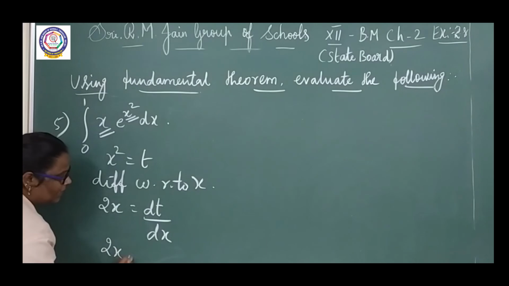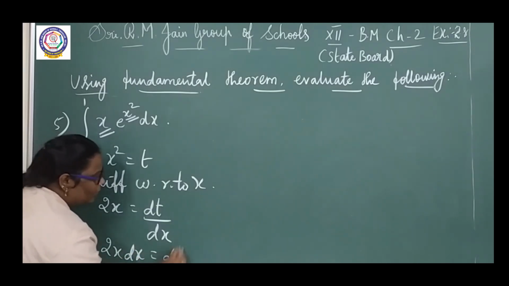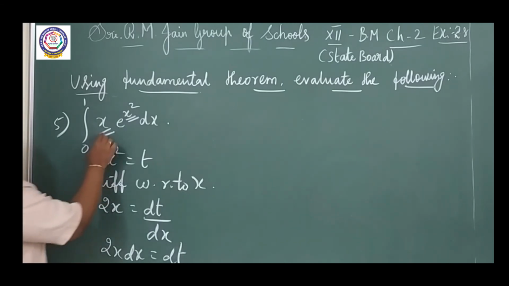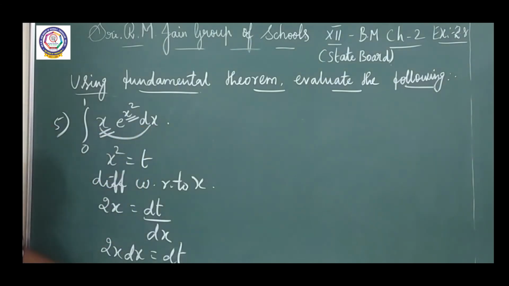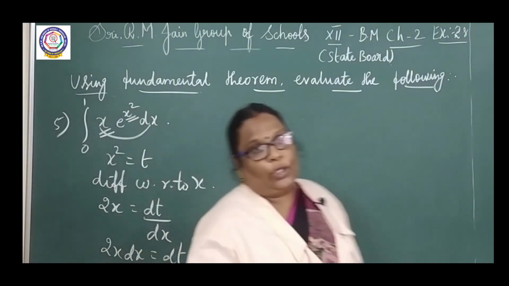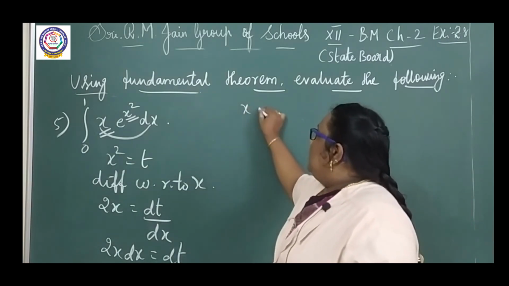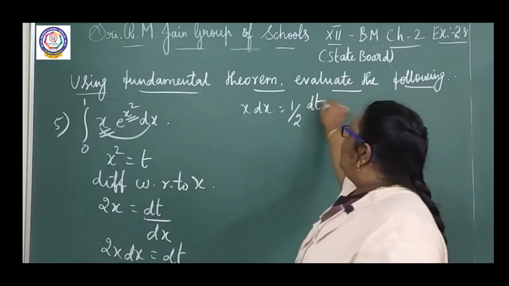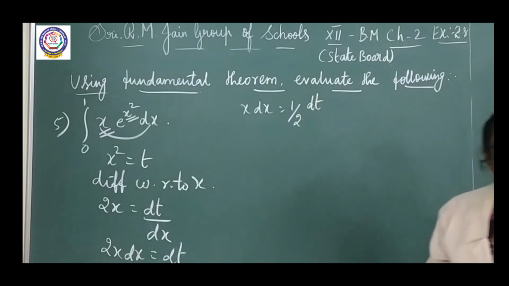So, 2x into dx equal to dt. But in the sum x dx is there. So, x dx equal to 1 by 2 into dt.